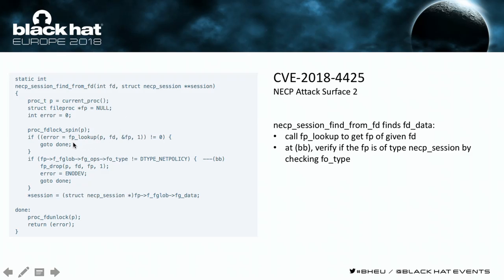It also calls fp lookup to get the fp, the kernel object, by your handle, and then it verifies if the FO type is the type net policy, right? If yes, it will recognize the found object as NECP session.